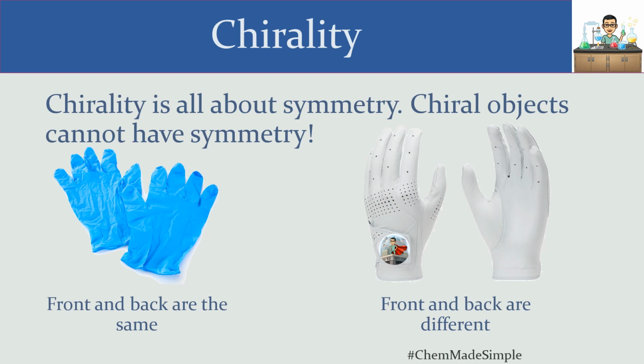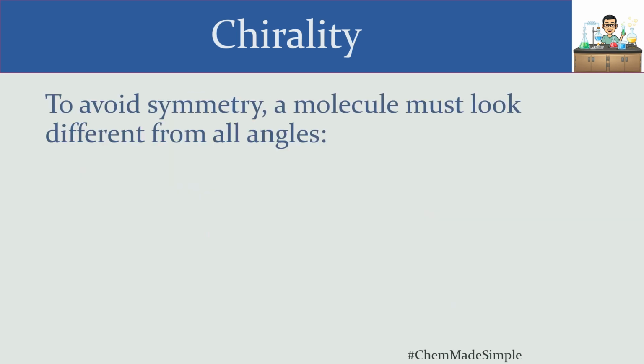For example, if I look at this glove right here, the right half of our hand has a thumb and an index finger, whereas the left half has a ring finger and a pinky. So they're not identical. And so chirality is all about symmetry. Chiral objects are ones that don't have symmetry, which is why their mirror images are not exactly the same as the original.